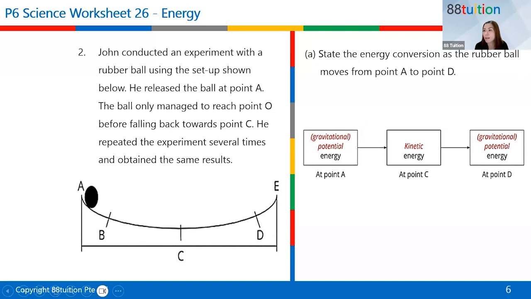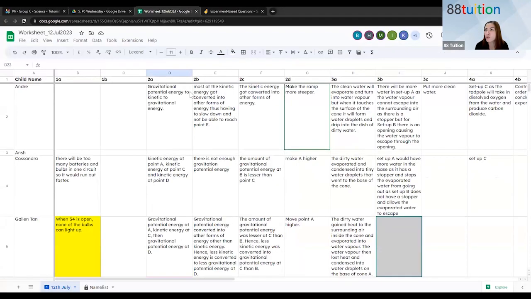Okay, I want to highlight something. If you look at your answer, Andre: gravitational potential energy to kinetic to gravitational energy. Because you wrote down gravitational energy, should this be a 1 mark question, you get 0.